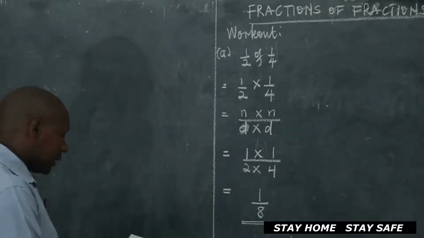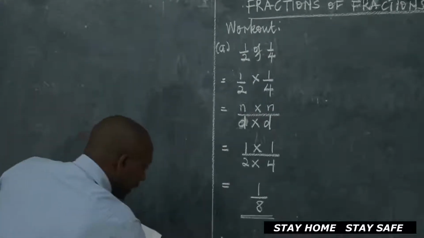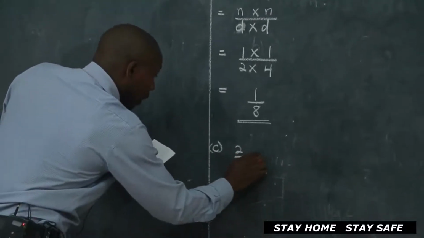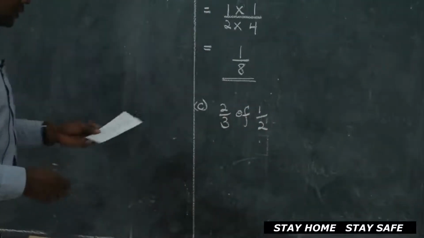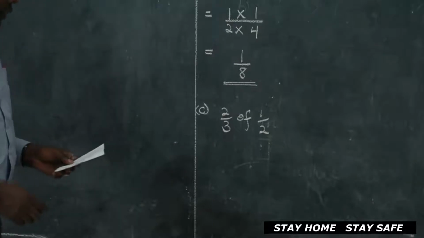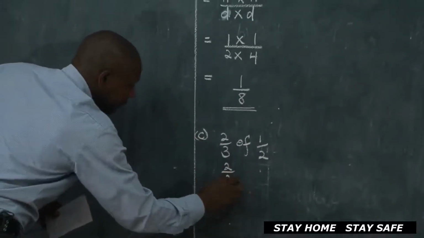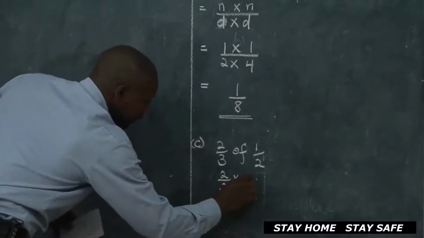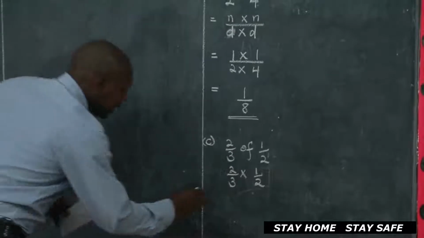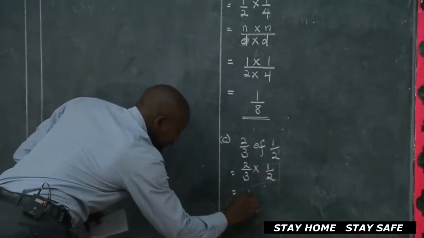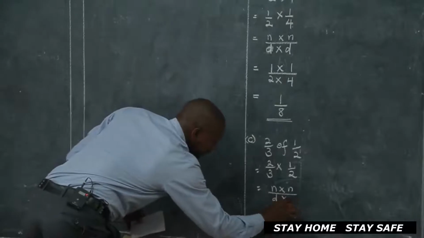We also had, let's look at part C, where we had 2/3 of a half. Yes, we say interpret the word "of", whereby this is 2/3 times a half. So here we shall say it is a numerator times a numerator out of a denominator times a denominator.